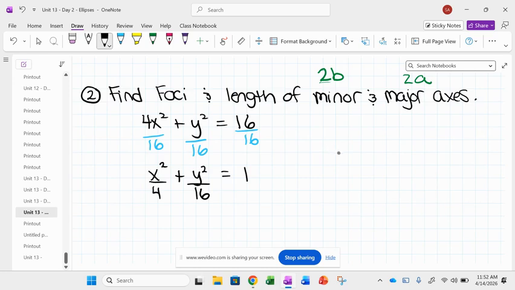So when I ask for the minor and major axes, I know A squared is 16, which means A is 4. I know B squared is 4, which means B is 2.